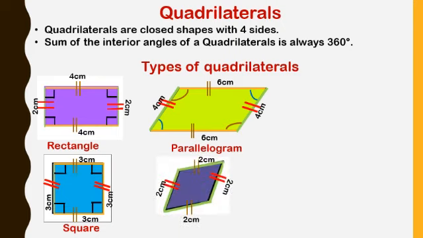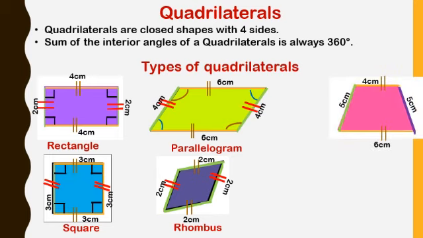Next quadrilateral is the rhombus. Here also you can see all sides are 2 centimeters each. So we can say all sides are equal and opposite sides are parallel. Here also opposite angles are equal.